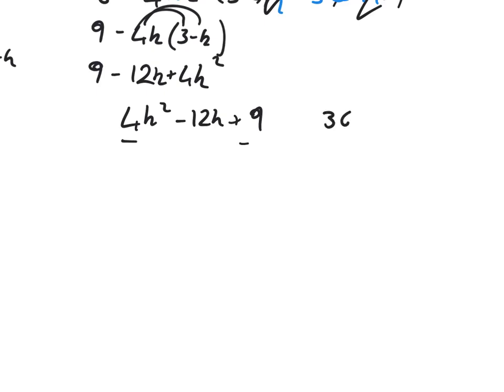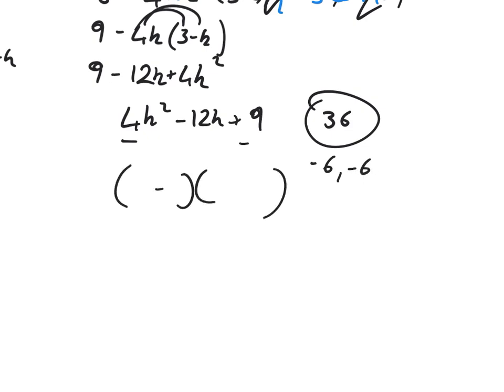So 4 nines are 36, and the object now is to get this written as a squared expression. Two numbers that multiply to give 36 and add together to give minus 12 are minus 6 and minus 6. And we'll drop the 4k in here.